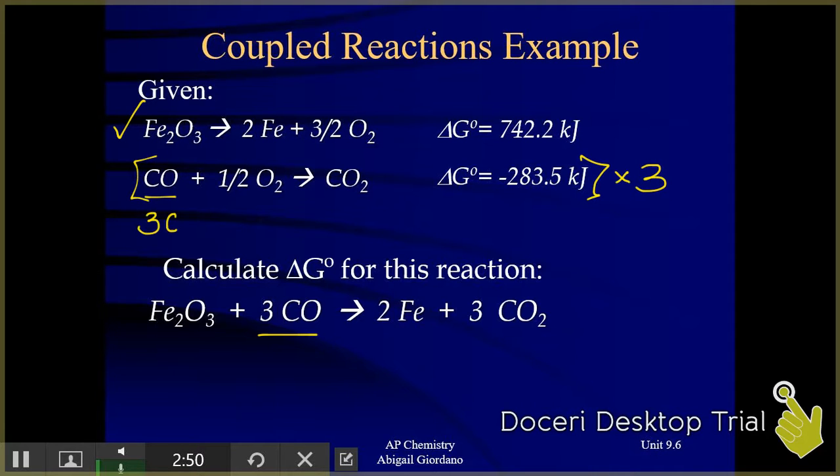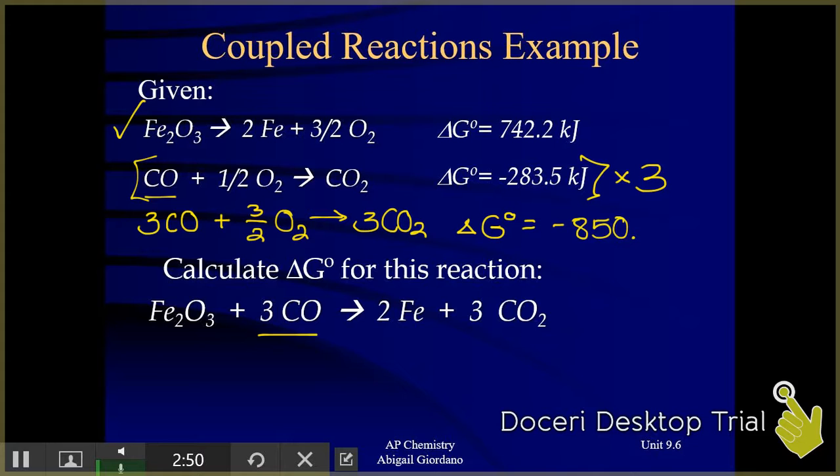So let's rewrite it. 3CO plus 3 halves O2 yields 3 carbon dioxides. And we're going to multiply that delta G value times 3 as well, and I get negative 850.5. Then I'm going to scribble through this equation because I don't want to get confused. I don't need it anymore. So now we're looking good.